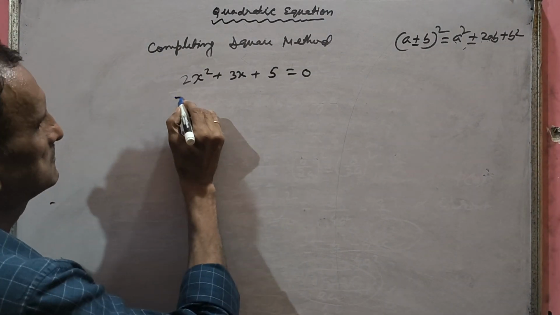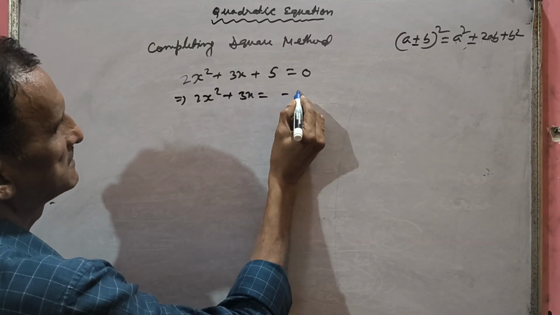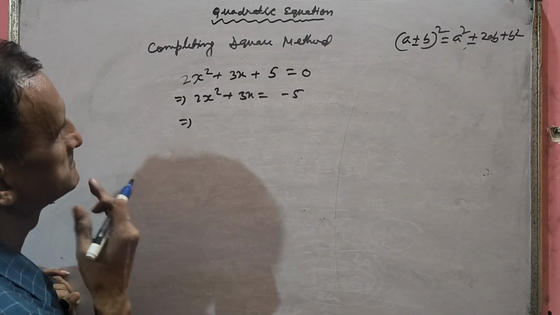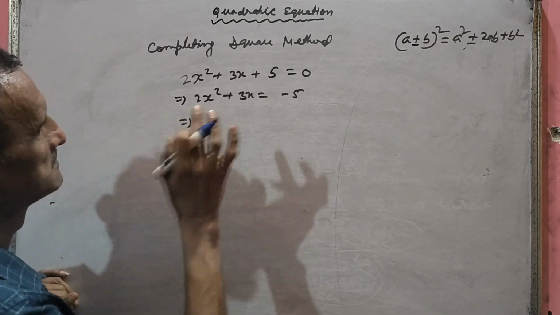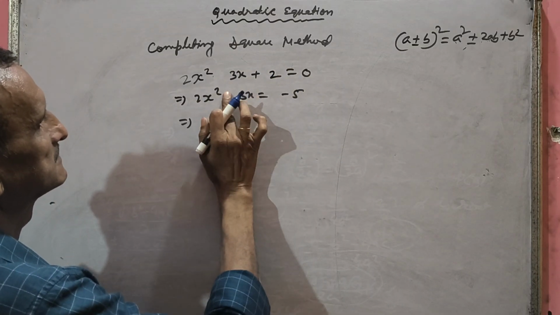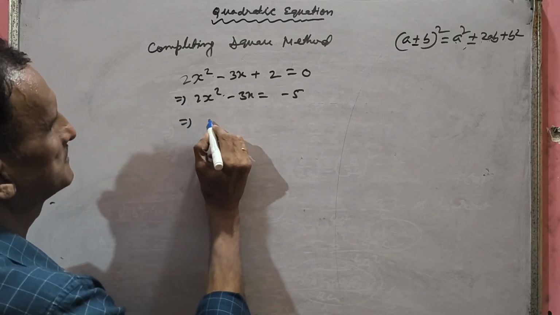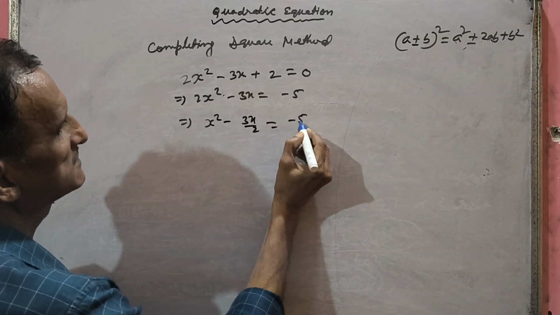So first what we will do, transpose this one to the other side, taking it here to make it minus. Then dividing both sides by 2, what we will get? x square minus 3x by 2 equal to minus 5 by 2.